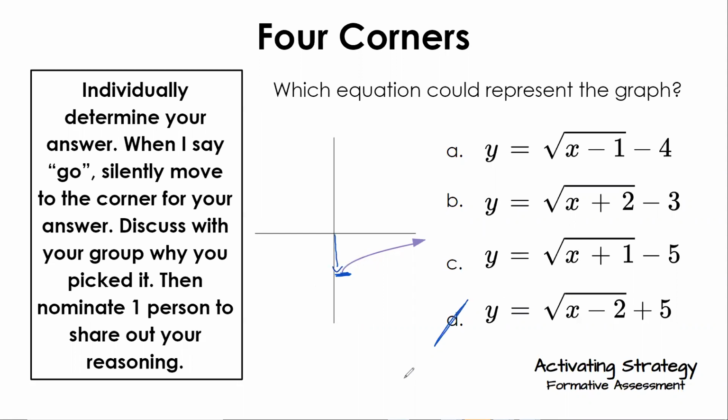So we definitely know it's not going to be D. Now it's to the right, which means that underneath the radical, it's going to be minus. So we can eliminate B and C. So A would be our answer.